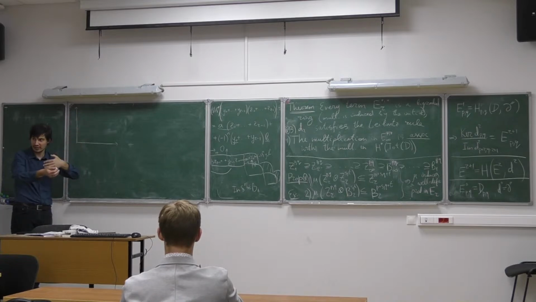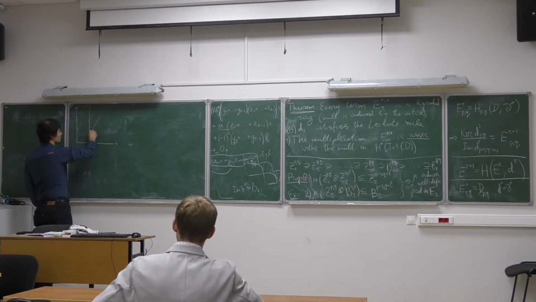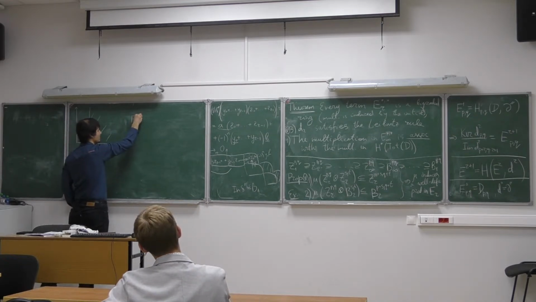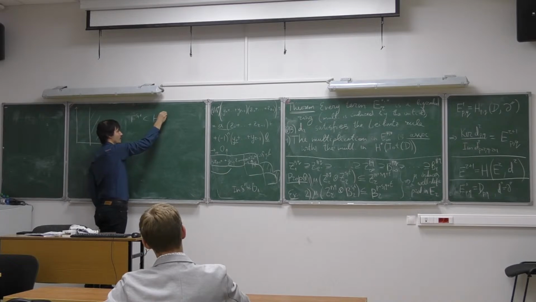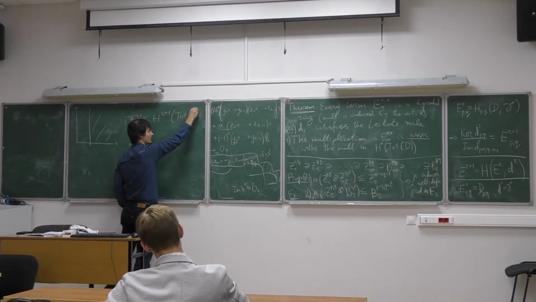When we reverse the gradient, our filtration is those which lie to the right of some line. So we are now in this situation, we need to introduce the filtration FST in H, S plus T of the total complex of our bicomplex.